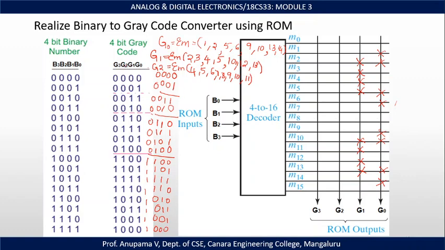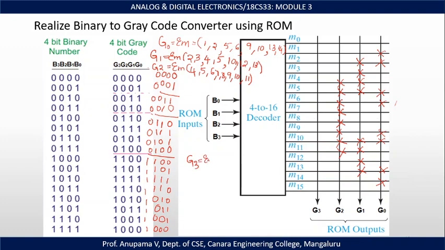So go to the G2 column, find the ones in the G2 column, then write the respective minterms. Go to the G2 line in the ROM and mark X against M4, M5, M6, M7, M8, M9, M10 and M11.